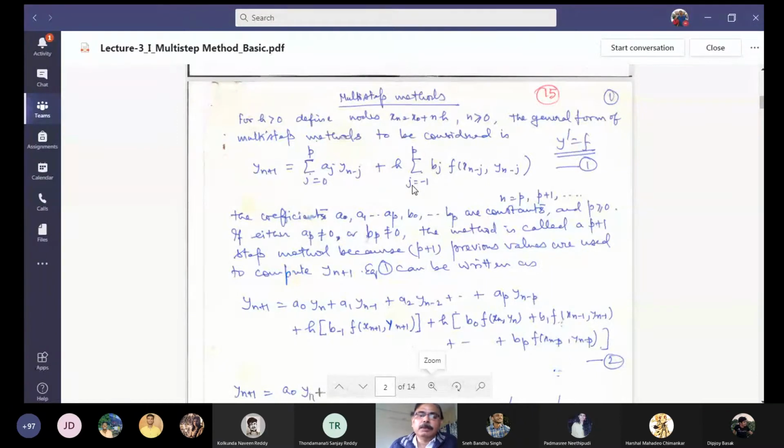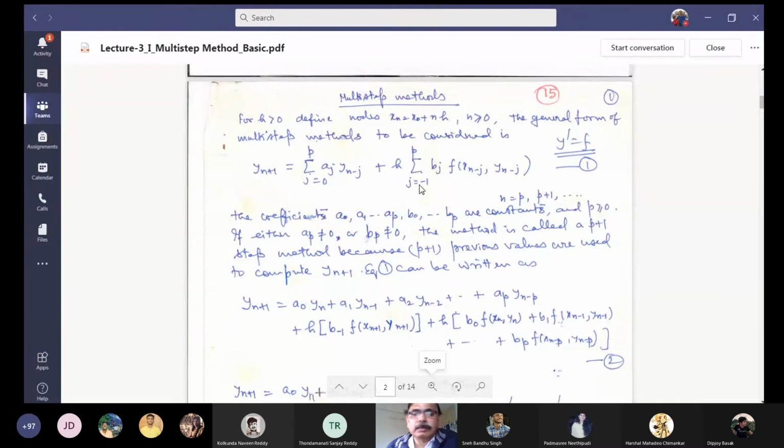If you put j equal to minus 1, this will be b minus 1, but here it will be f of n plus 1, y n plus 1. Anyway, j equal to minus 1, the coefficient is b minus 1.